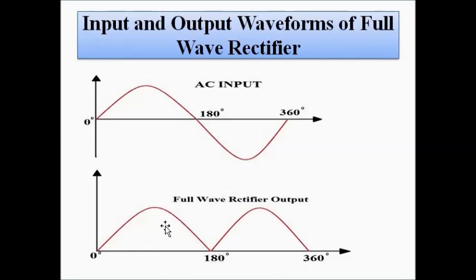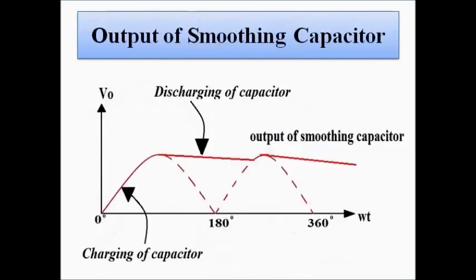From the peak to the bottom, there is a decrease in the voltage, and during this period the capacitor discharges. So this is the charging of the capacitor to this peak point, and from here to here the capacitor slowly discharges.